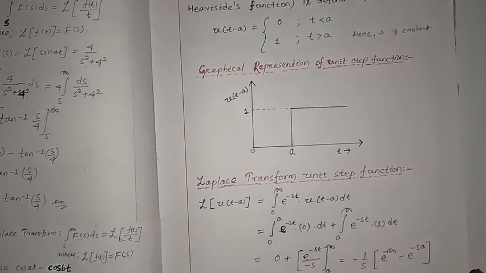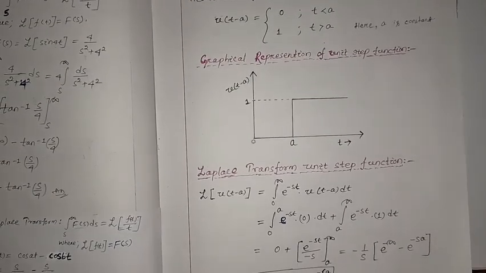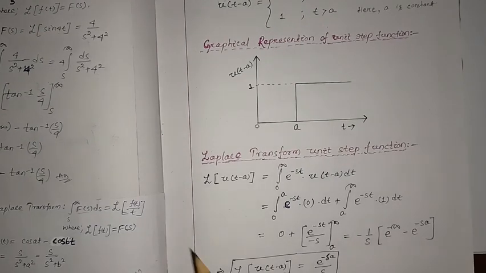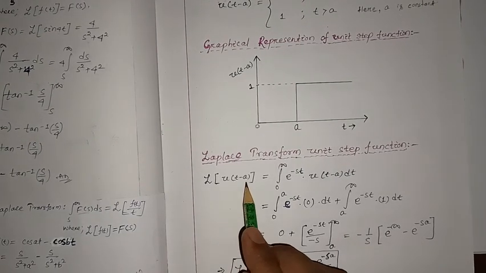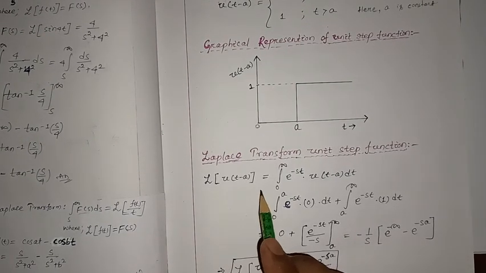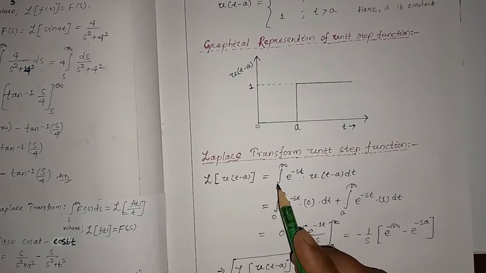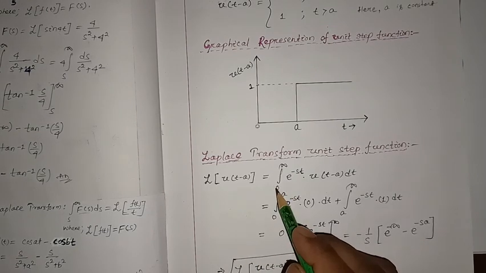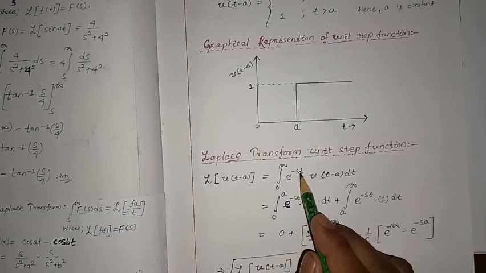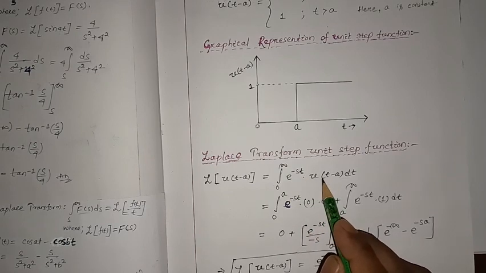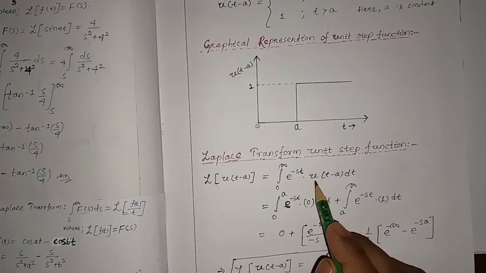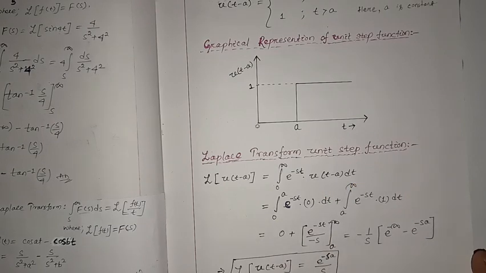Now we are going to go for the Laplace transform of the unit step function. Laplace transform of u(t minus a) will be equal to, in generalized way, we can write integral from 0 to infinity of e to the power minus st into that function, that is u(t minus a) dt.